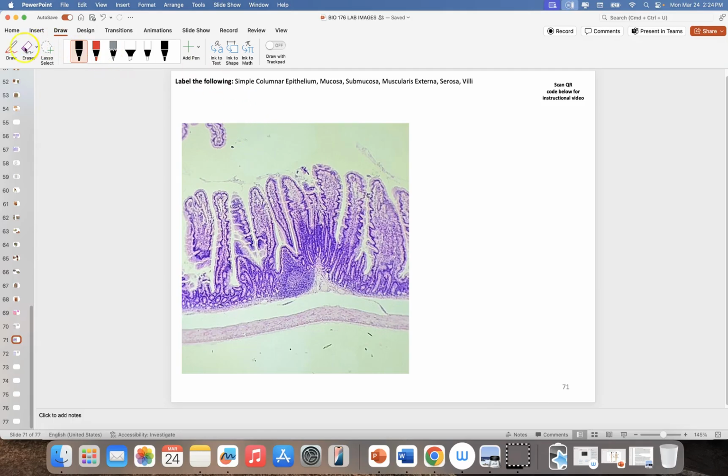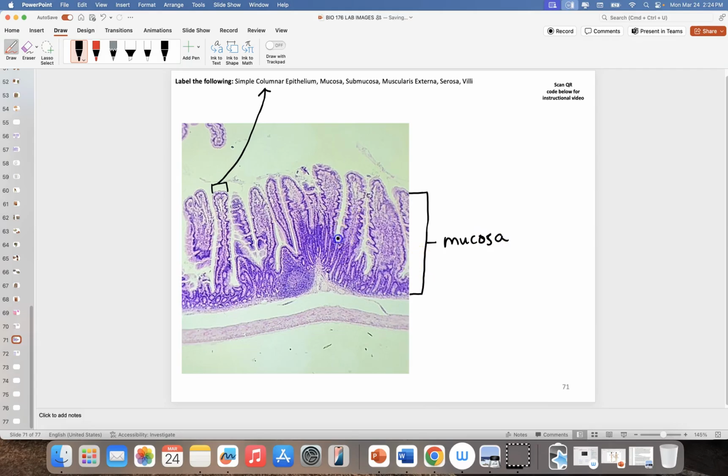If we go ahead and get our bearings here, this is our free surface, our apical surface. That means that this tissue here is going to be our simple columnar epithelium. It's part of the mucosa layer, which we can bracket out right there.